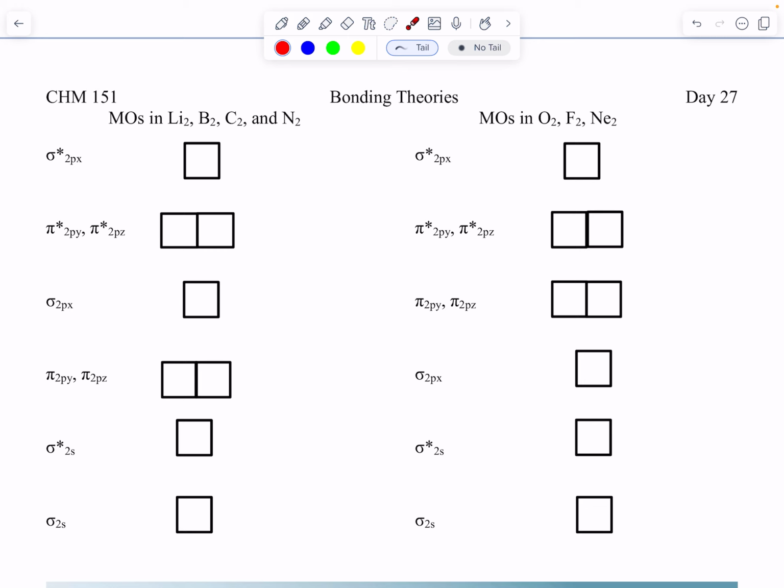So how does this kind of work? If you notice, these are the combinations, and they're in a different order. Sigma 2s is always the lowest energy, and then sigma star 2s.